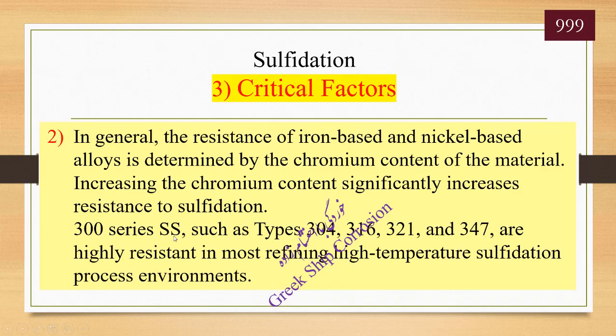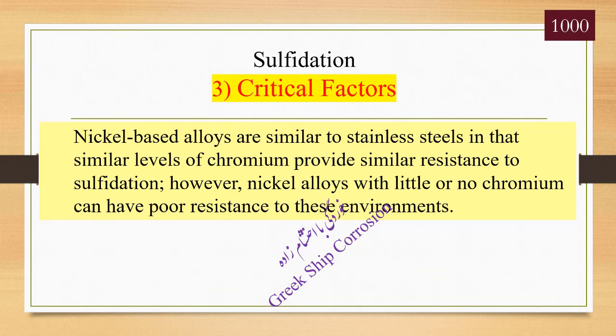300 series stainless steels such as type 304, 316, 321, and 347 are highly resistant in most refining high-temperature sulfidation process environments. Nickel-based alloys are similar to stainless steels in that similar levels of chromium provide similar resistance to sulfidation.